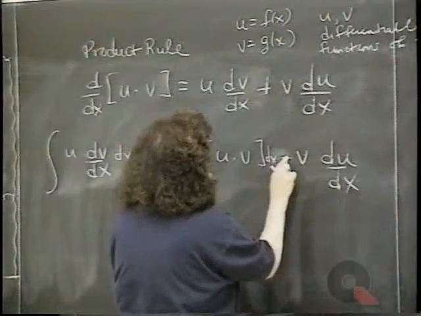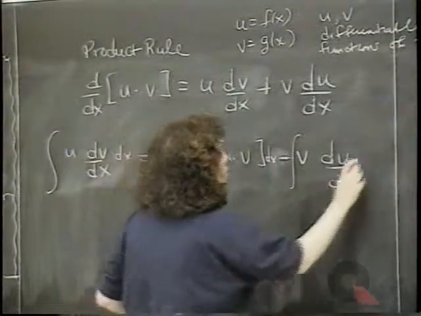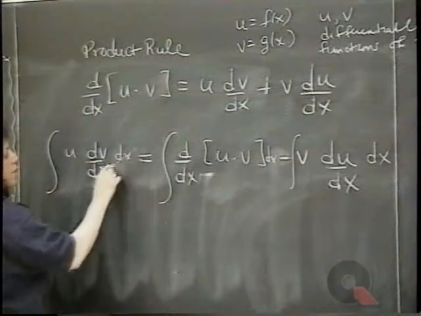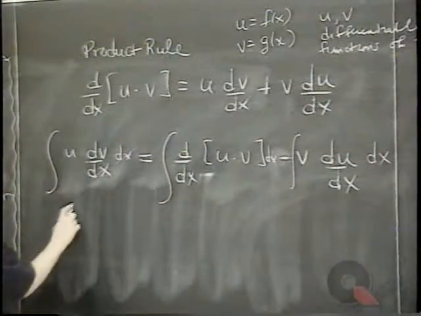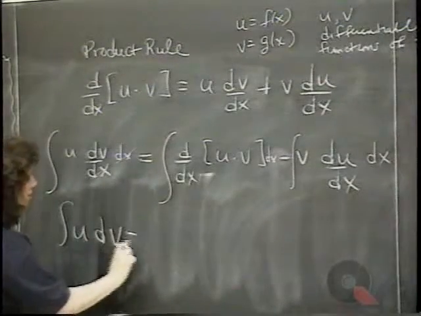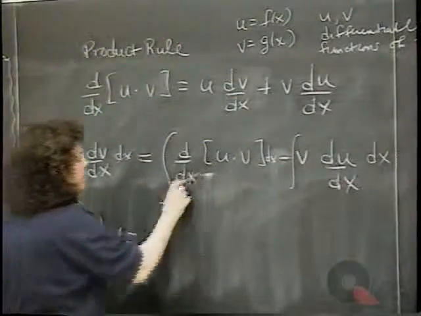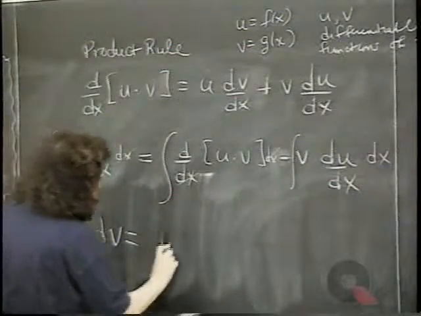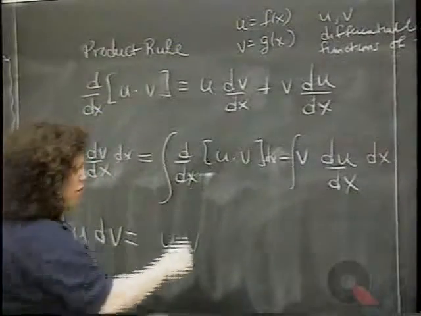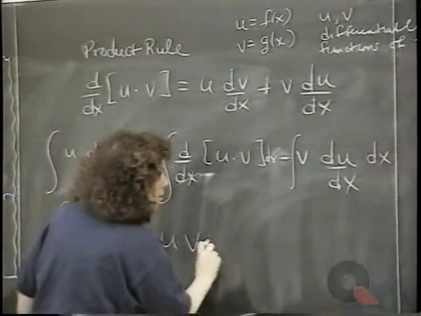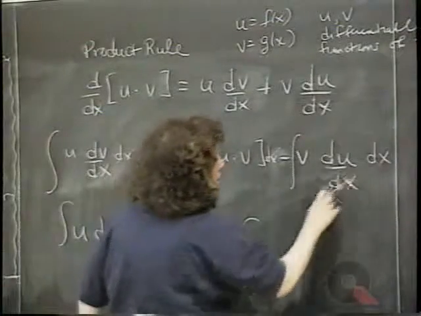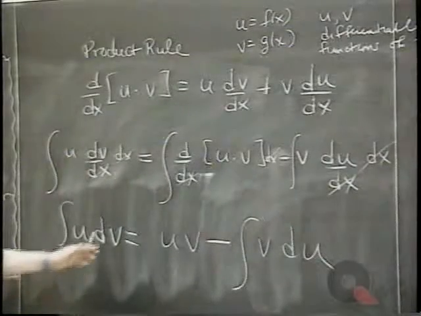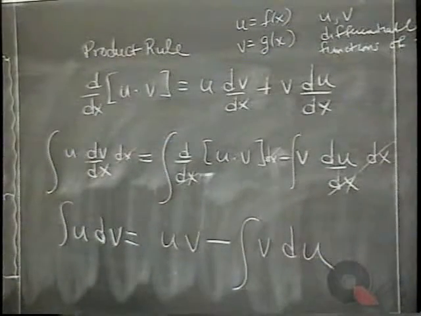We will wind up here with the integral of u dv equal to the integral of the derivative of uv. That's just going to be uv, with a constant that we won't worry about right now because we'll pick that up over here, minus the integral of v du. The integral of u dv is uv minus the integral of v du.